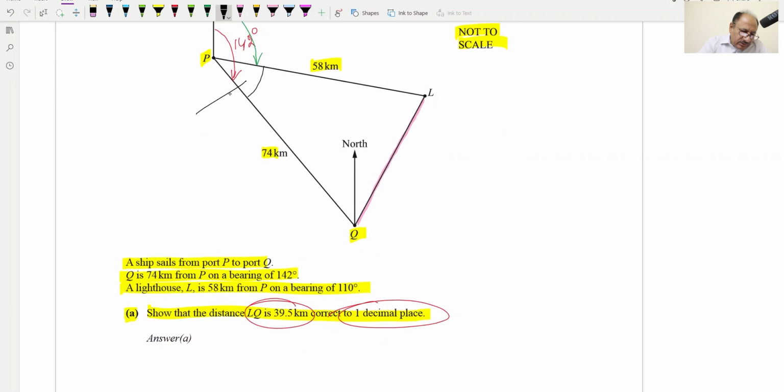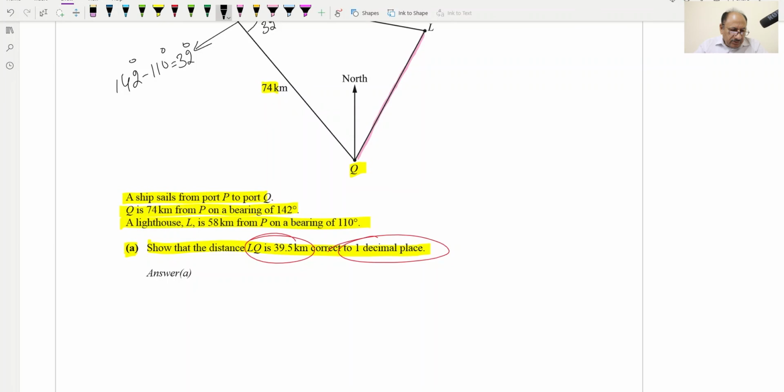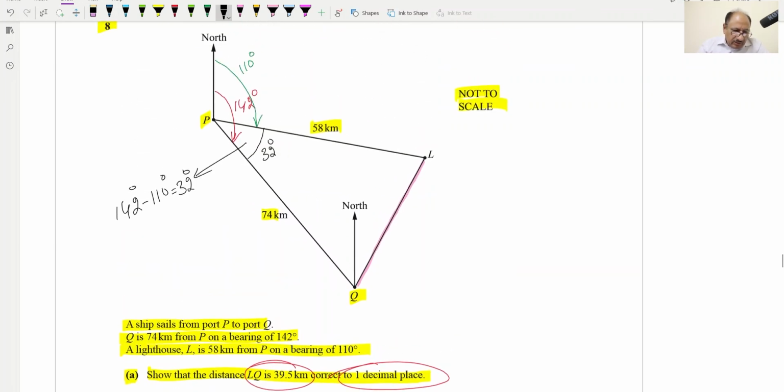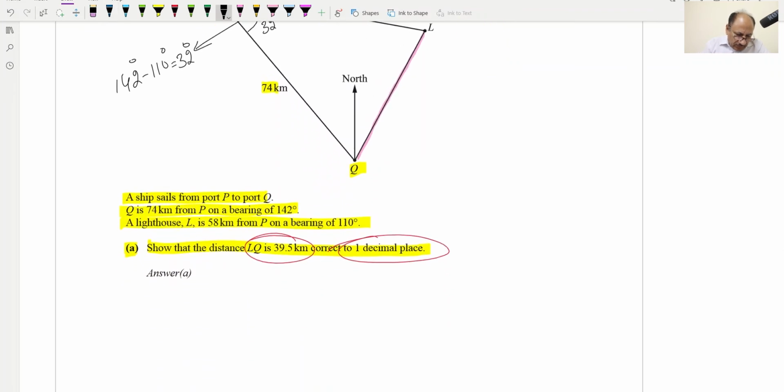So angle P is equal to 142 degrees minus 110 degrees, and this is equal to 32 degrees.